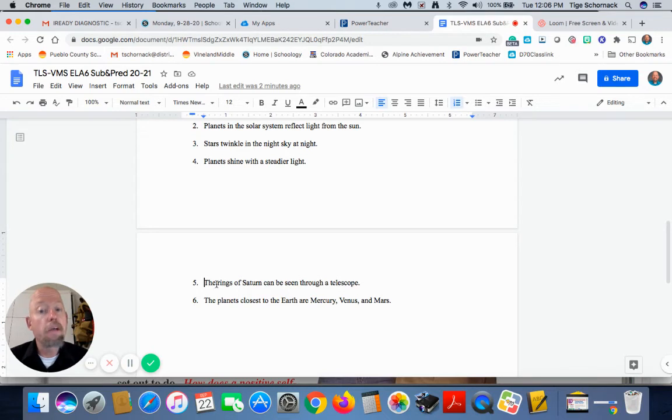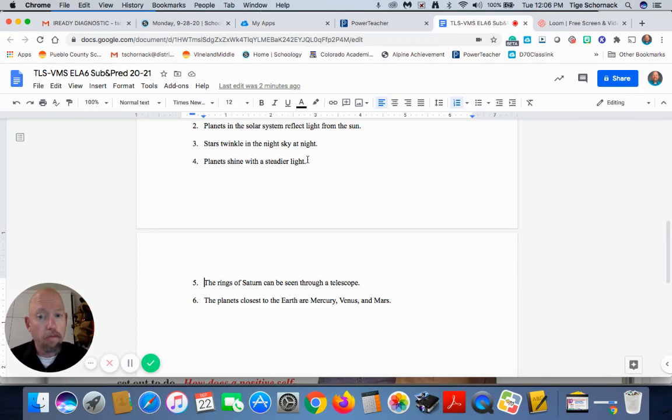What we're talking about is rings. So that's our subject. What about the rings can be seen through a telescope? Well, the simple predicate looks like seen, because again, we could physically actually see something. But we have a verb phrase in here. We have can be seen. So can be seen is our simple predicate.